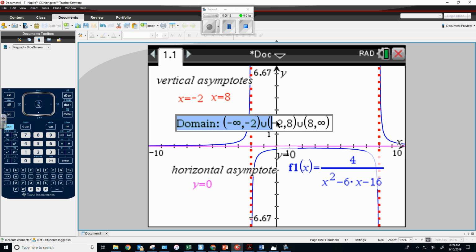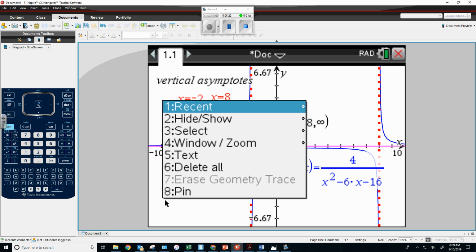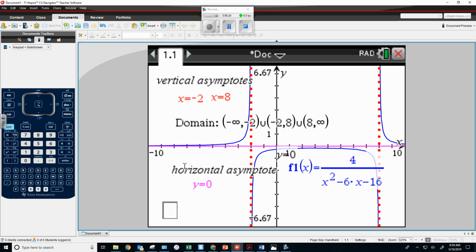So if I can just borrow this text for a minute, now we can find our range. And our range goes from -infinity to 0.